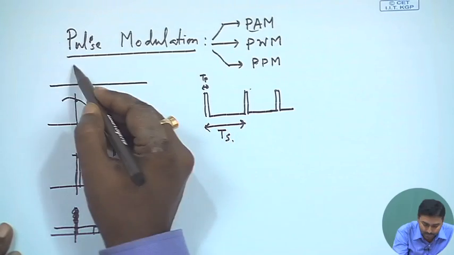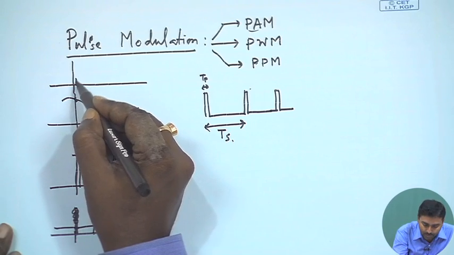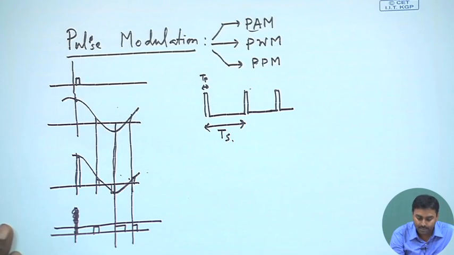So, basically you position your pulse depending on the amplitude of this particular thing. So, basically whoever will be having higher amplitude, probably they will be closer to this pulse starting time. Okay. So, what will happen if we just draw that at this point, because the amplitude is higher, so pulse will be closer to that pulse starting time.